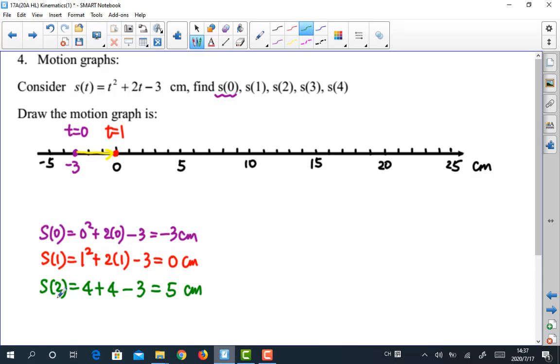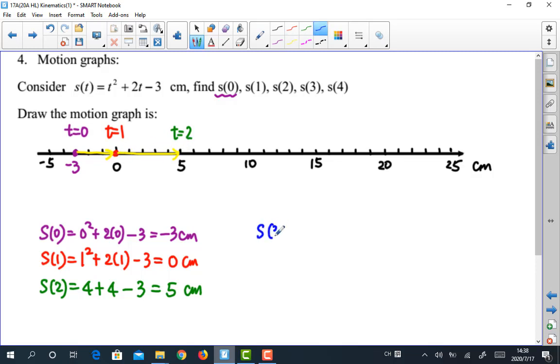That means when t equals 2, the moving object should be on the right side of the origin O. And at that time, the moving object is 5 centimeters away from the origin. So from t equals 1 to t equals 2, the moving object P goes this way.